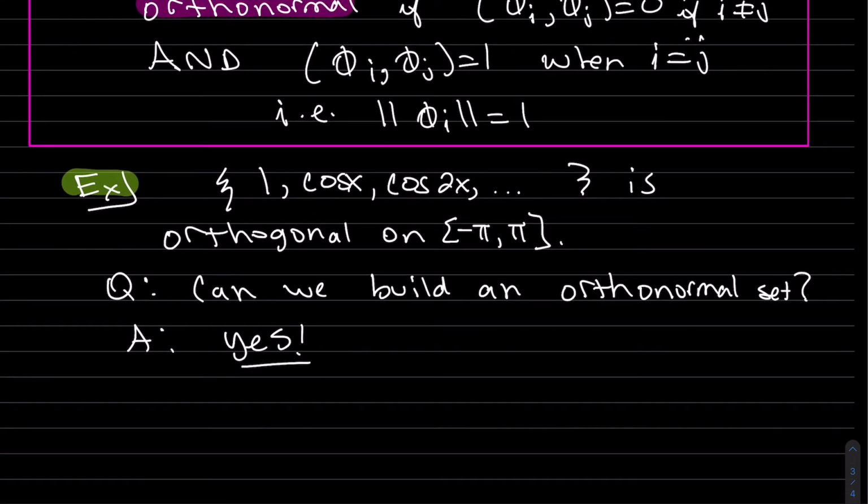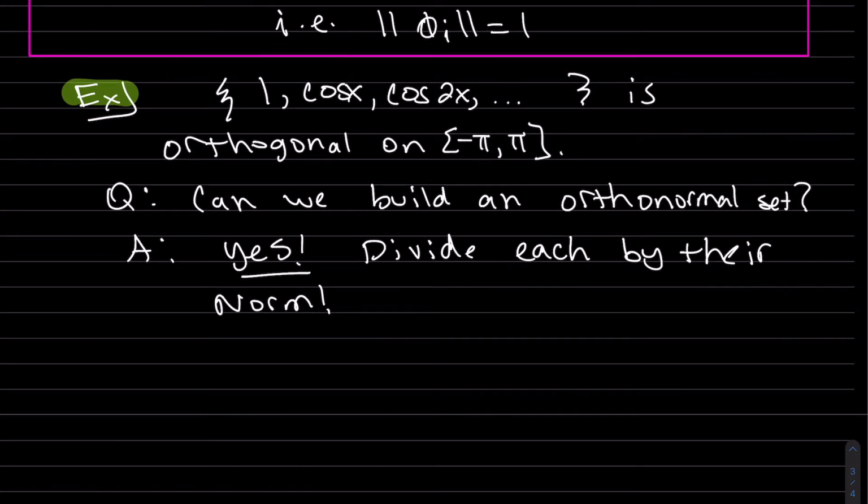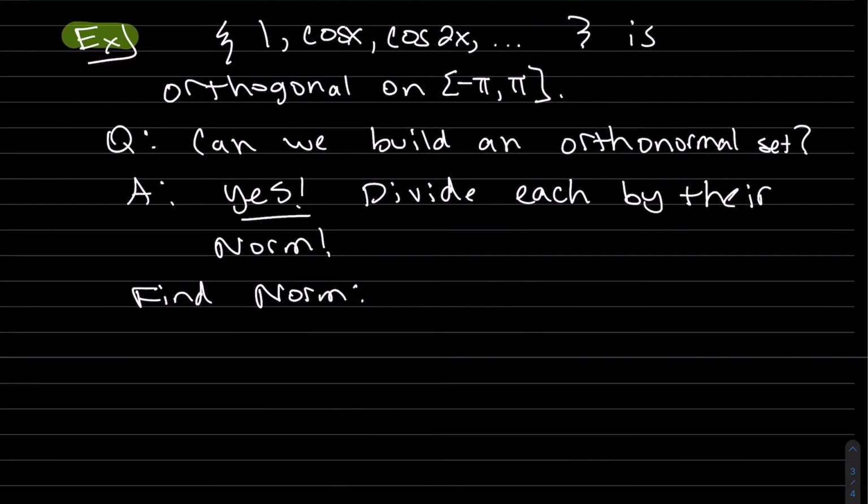All we have to do is divide each of them by their norm to make each of them normal. So for that particular set, let's find the norm of each. For the first one, it's 1. Let's find the norm of 1.